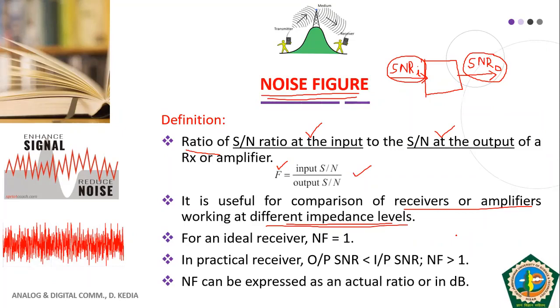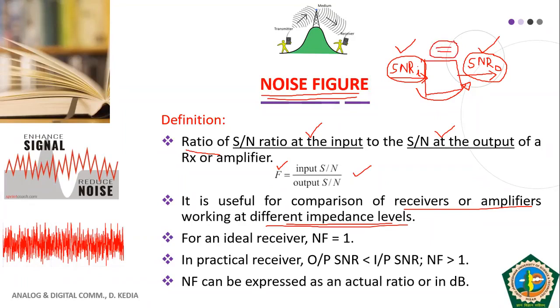Obviously, the signal to noise ratio at the input will always be higher than the signal to noise ratio at the output, because as your signal travels from input to output, some degradation is always possible. At the maximum, the input SNR and output SNR can be equal.